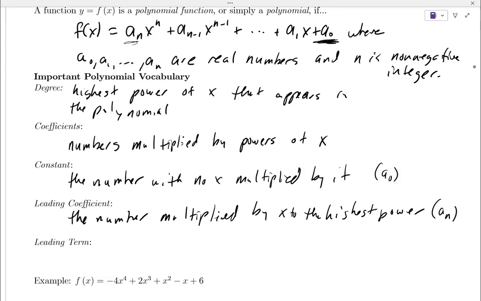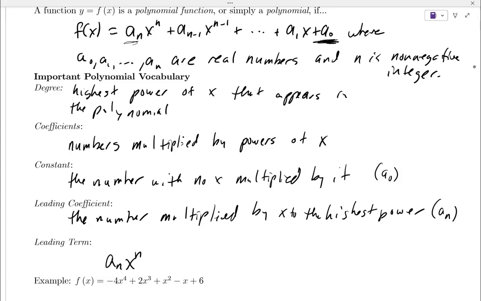To write it the way we have it up there, the leading term is a sub n x to the n. It's the coefficient with the x to the power. This is going to be important in a minute, when we talk about what happens as x gets really, really big. That's the piece we're going to look at.